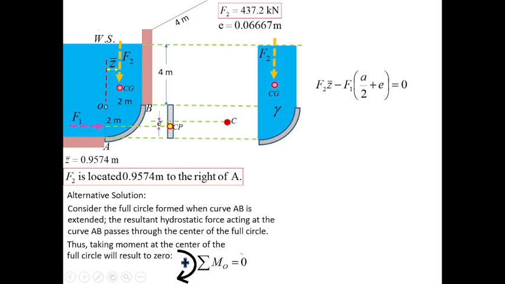So, paano nakuha yan? Actually, ito yung ating F2 kasi, di ba? So, pag nag-moment tayo dyan, F2 times Z bar, positive. Okay?